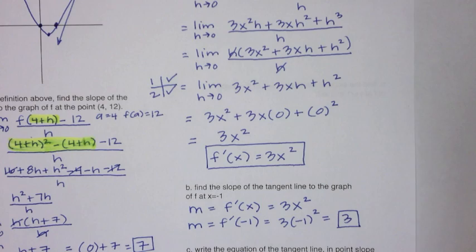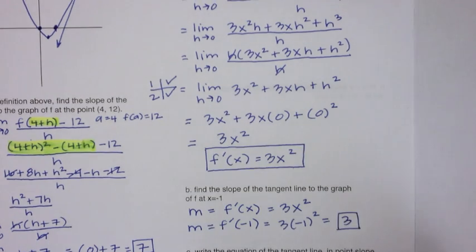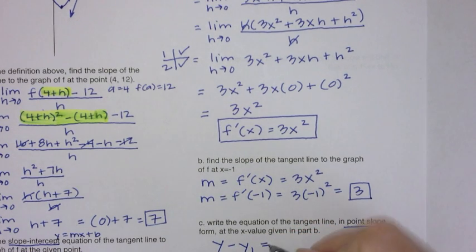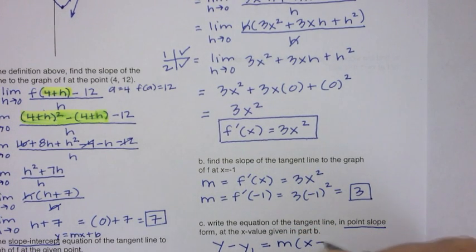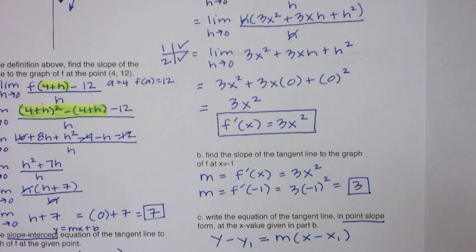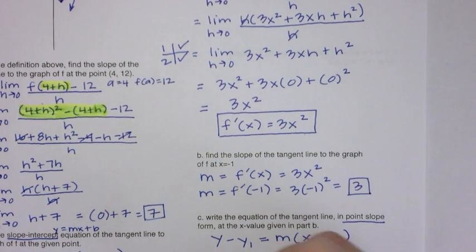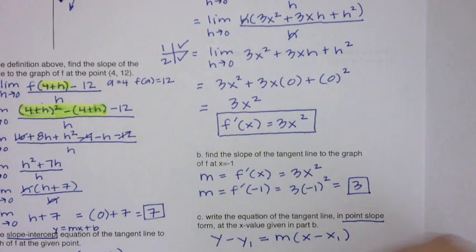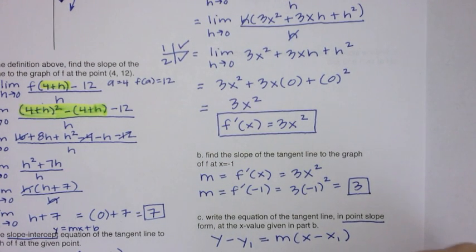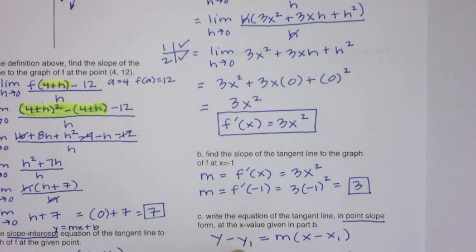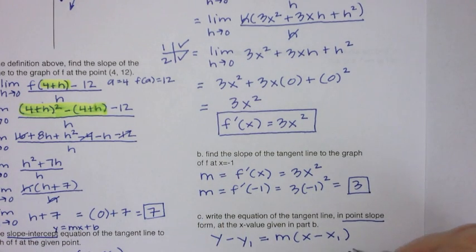Now, how do we write the equation of that line in point slope form? So point slope is y minus y1 equals m times x minus x1. Okay, so we go y minus, oh no, I can fill out that the slope is 3, and then I know that x1 is -1 from the previous problem, but I don't have the y value that corresponds to that.